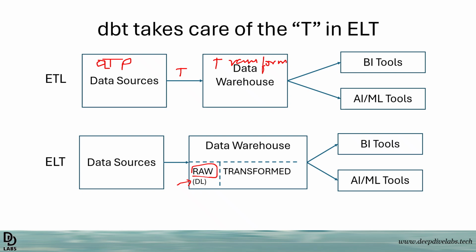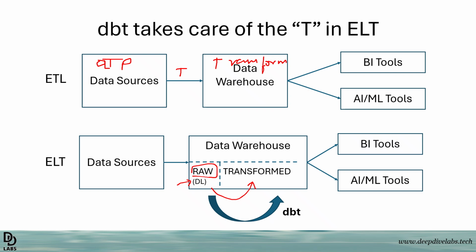And then transformation is done. That's where DBT comes in, because it takes care of keeping track of the versioning of your transformations from your raw data into transformed data, and trying out these transformations, testing them out before you can move to production. And of course, your data warehouse in and of itself helps you in your downstream activity of business intelligence and advanced analytics.